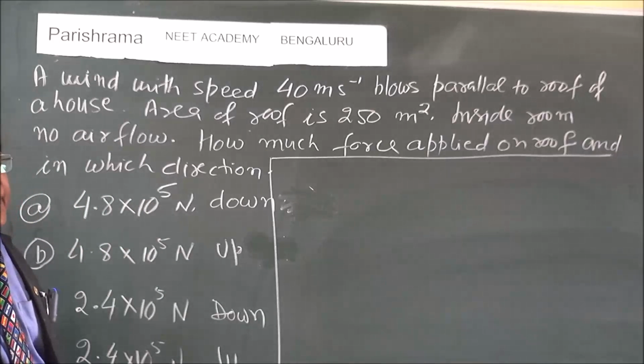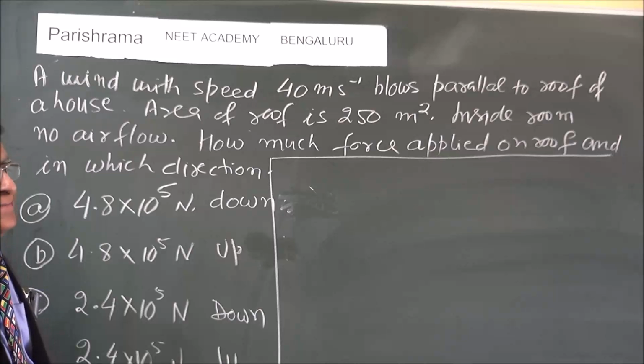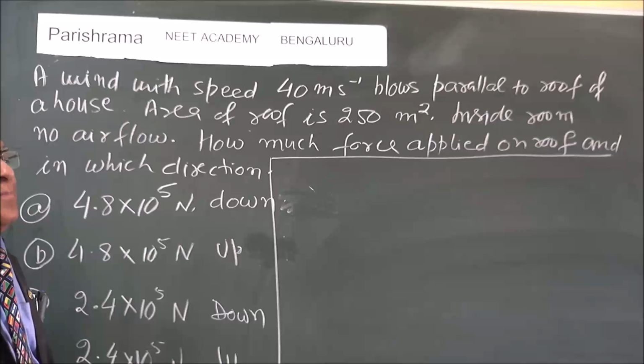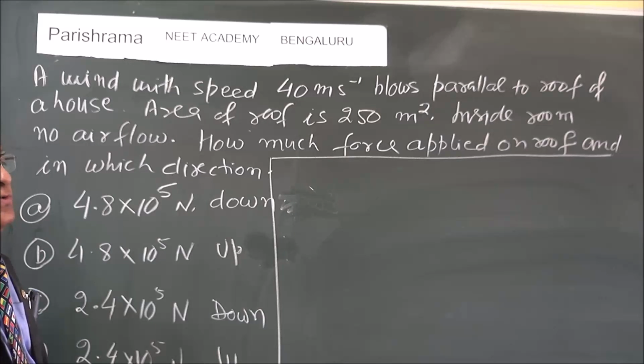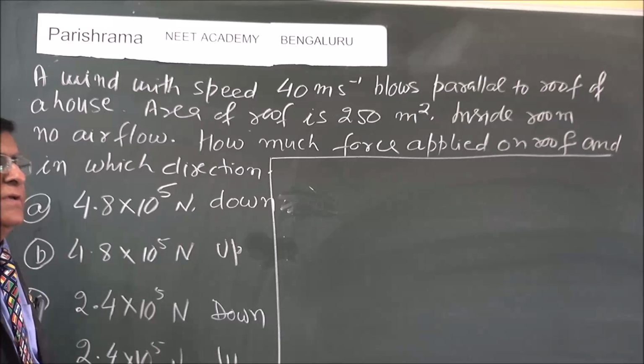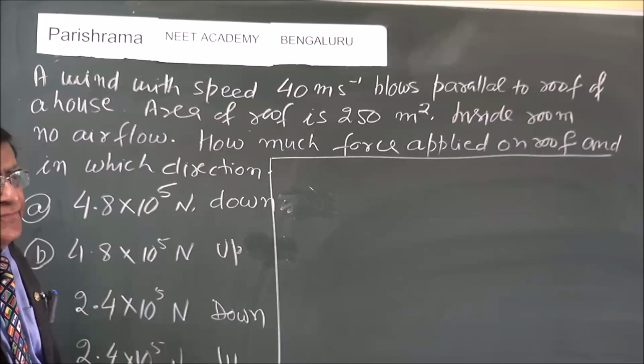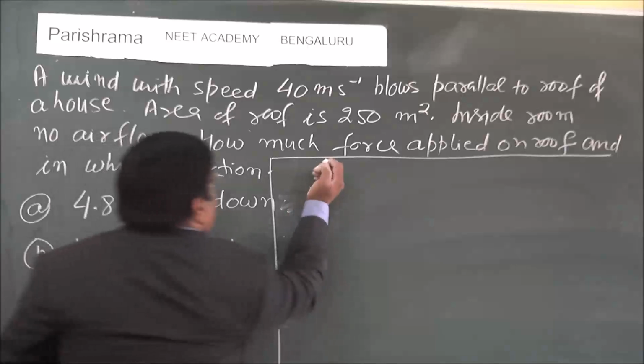What are we trying to find out? The force. And in Bernoulli's theorem, what do we study? The pressure difference due to velocity. Right? Pressure difference due to velocity. What is the relation of pressure and velocity? That comes from our knowledge of physics. What do you know about it?